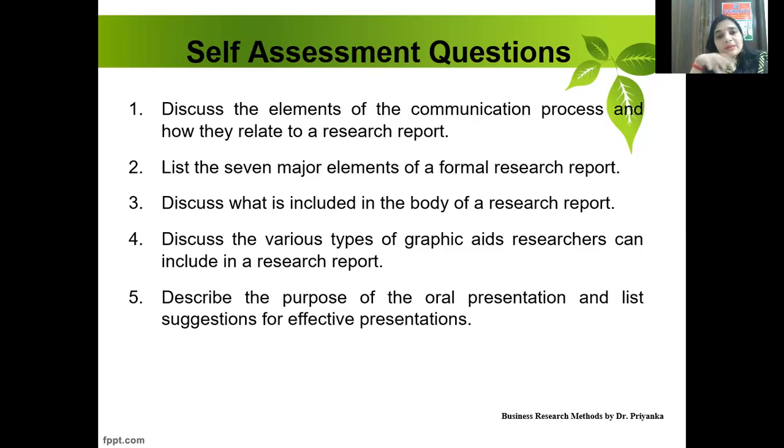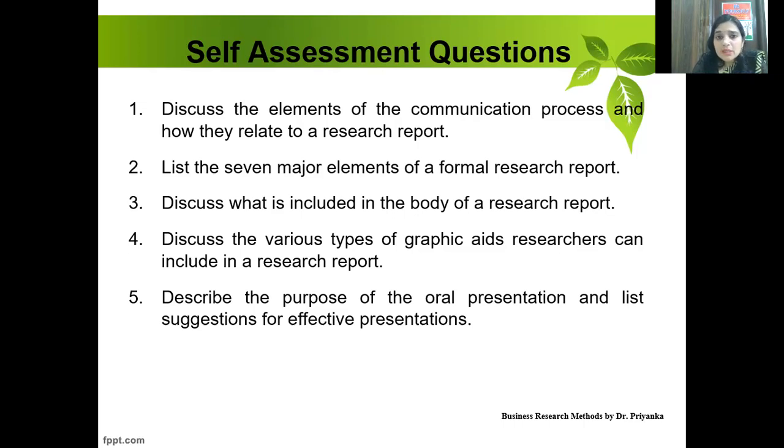Or if the major report is on CSR, then I might tell them just once that I am using CSR in place of corporate social responsibility. For example, the term corporate governance comes in between, and you might use the word CG for that, and nobody might understand. So you should avoid using such things.